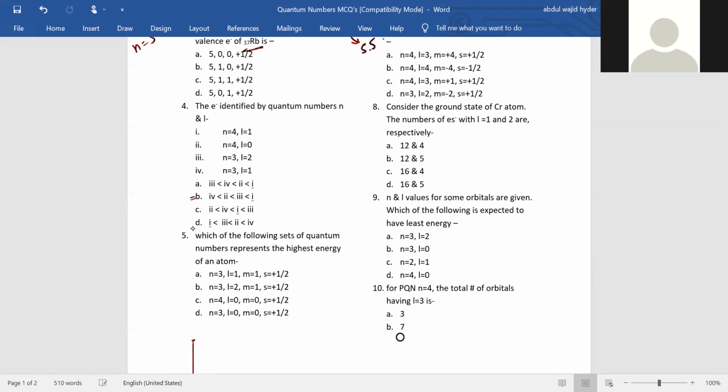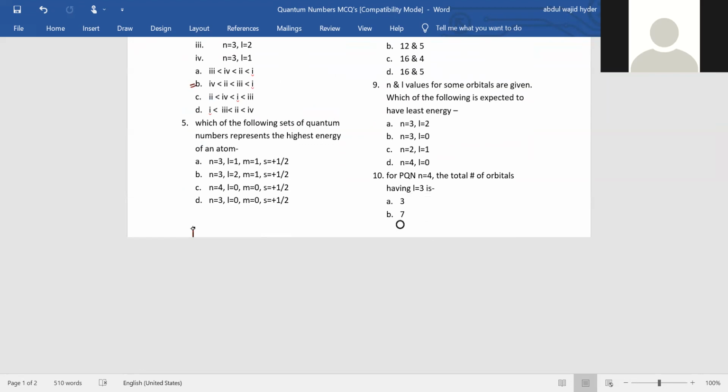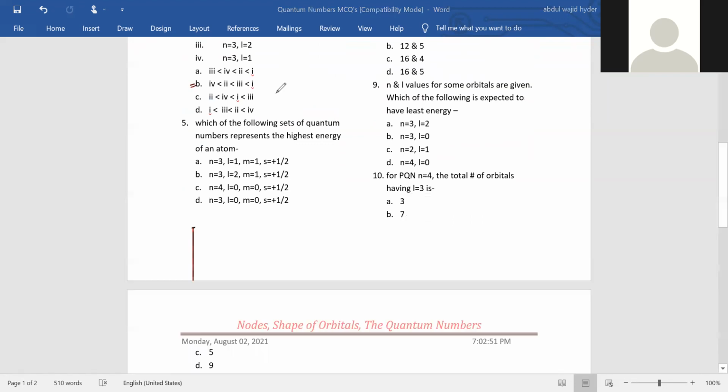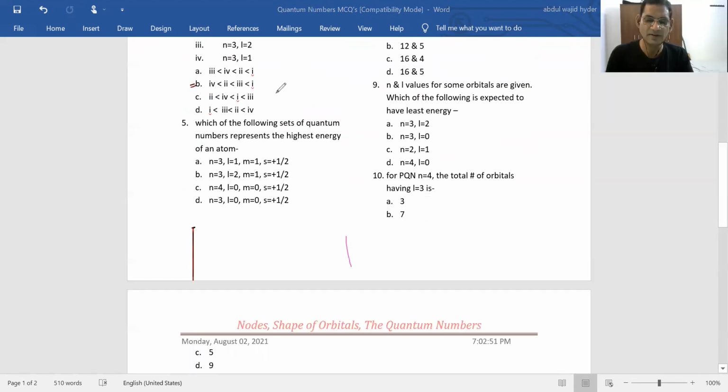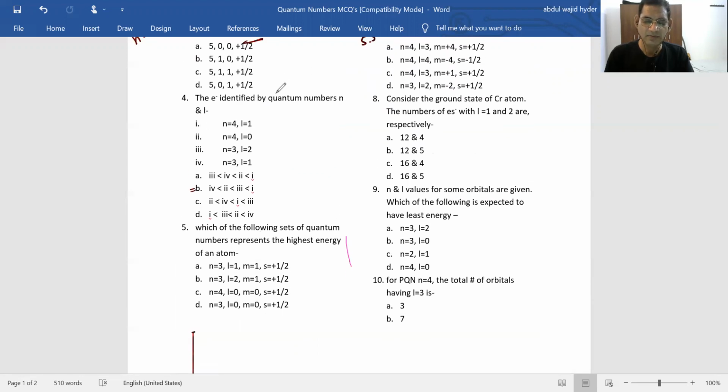This is B. Fourth is minimum, second, then third, then first.